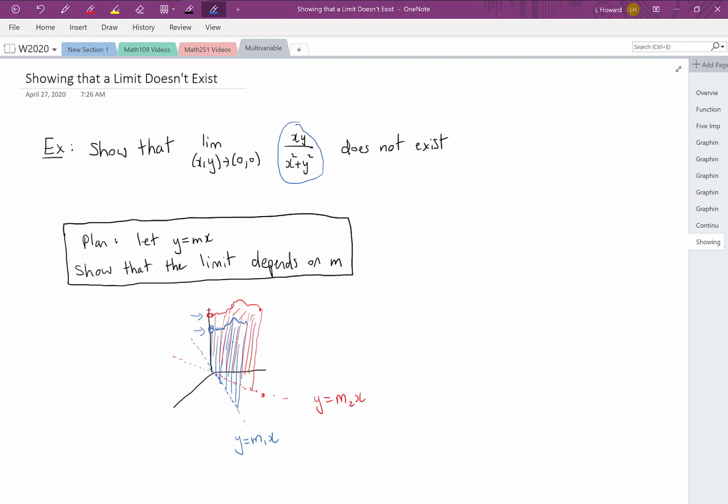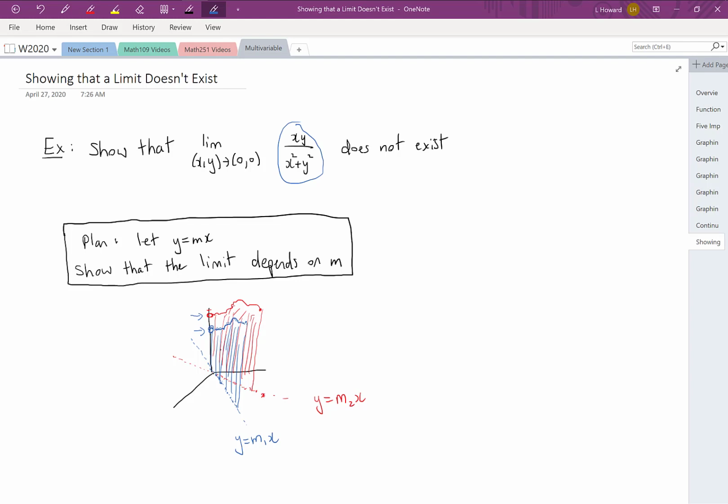When that happens, it tells us that there's either a hole or a jump in the function at the point (x, y) equals (0, 0). That's enough to tell us that the limit as (x, y) goes to (0, 0) of that function does not exist. We let y equal mx, and if the limit depends on m, that's a fancy way of saying that it depends on which line, or which path, you're traveling along, and you're going to get different answers depending on which path towards the origin you travel along.